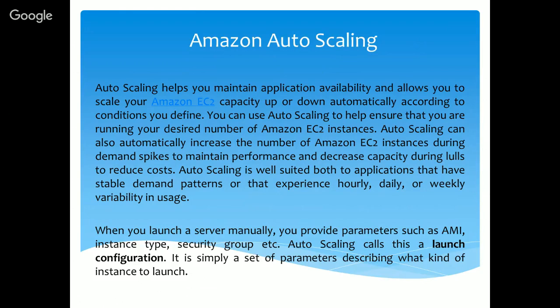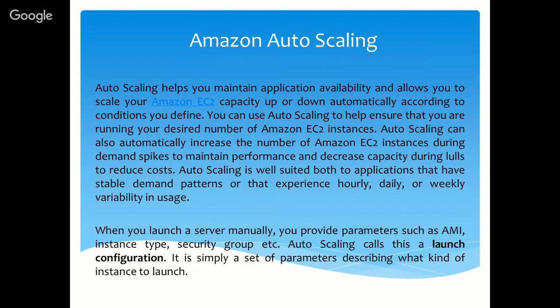There are a few things that you need to remember when we do this lab. These are some of the important terminology when you're working with auto scaling. When you launch a server manually, remember in the last lab we configured some EC2 instances. When we launch an EC2 instance, we select the type of AMI image that we want, the instance size, whether it's a T2 micro versus an M-large or some other type optimized for graphics, compute, or storage, the security group, and some other settings.